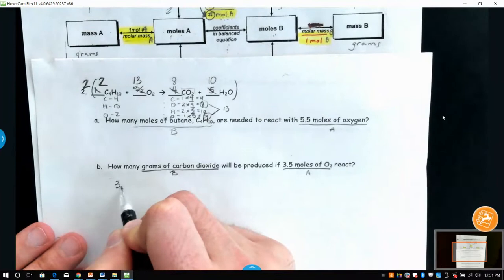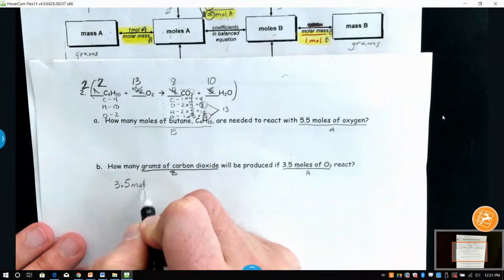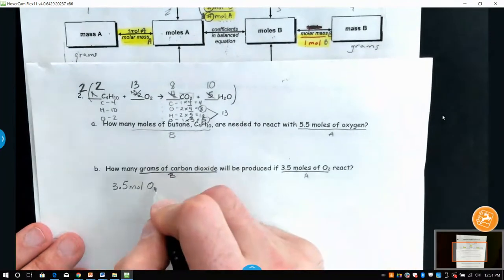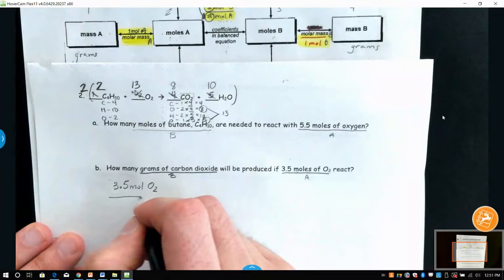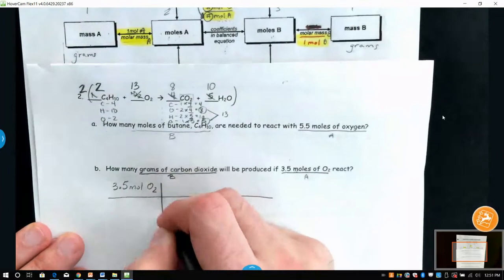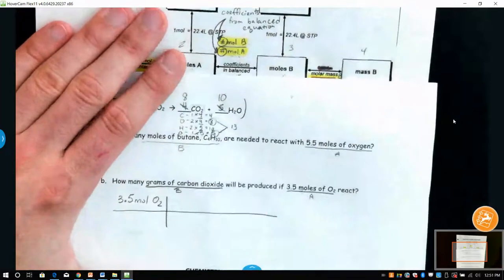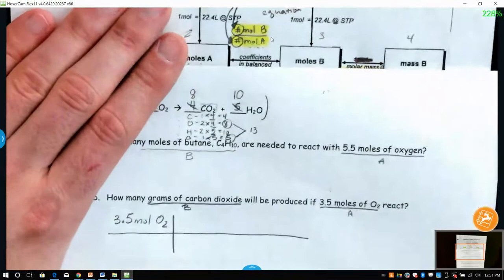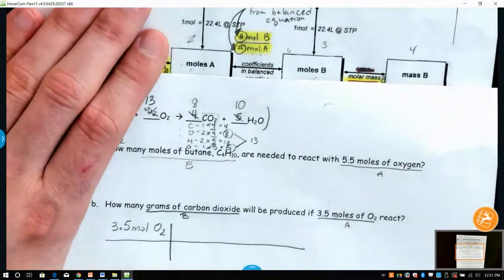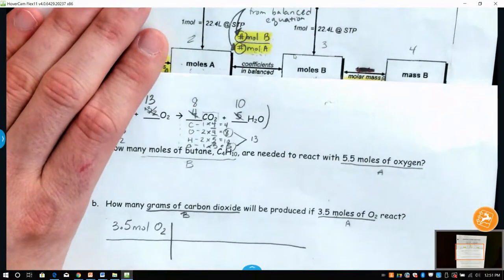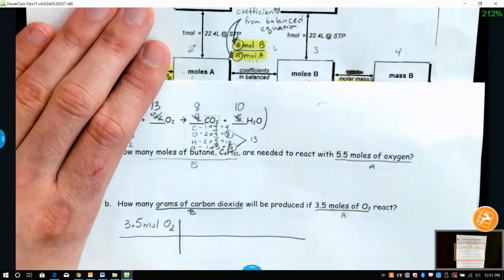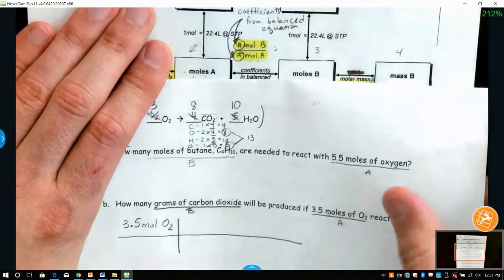3.5 moles of O2. First step: since we're starting here, we need to use this from the mole ratio.